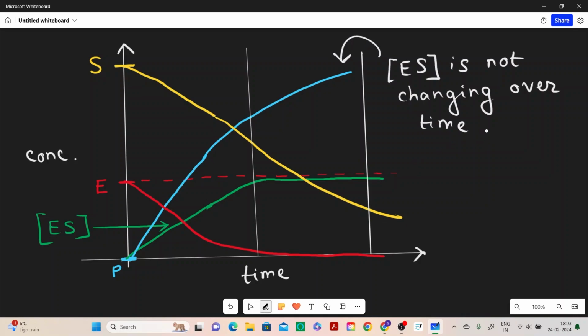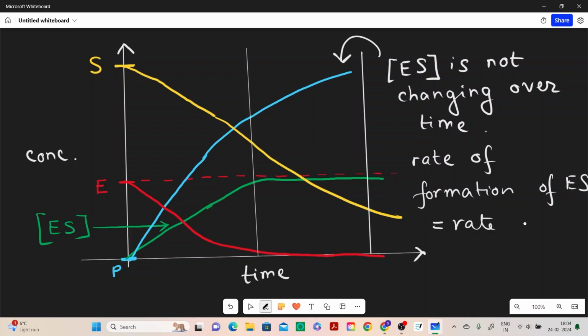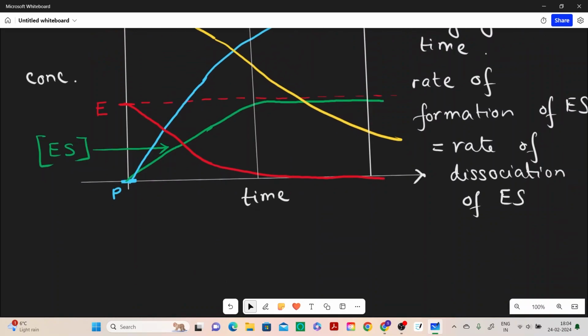In terms of chemistry, we can write this down as the rate of formation of ES is equal to the rate of dissociation of ES, right? Because the amount of complex that is being formed is the amount that is getting dissociated, maybe into product or back into substrate.